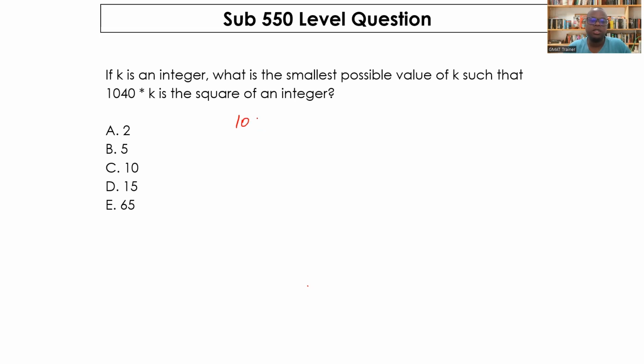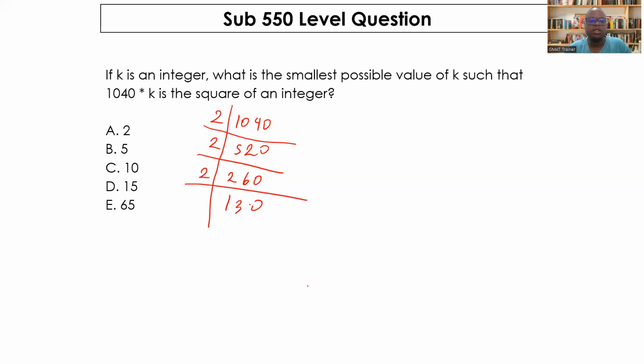We have 1040 and find the prime factors that come in it. So you have 2. We'll go 1040, then 520, then 2 will go here, 260, then 2 will go here, 130, then 2 will go here, 65.